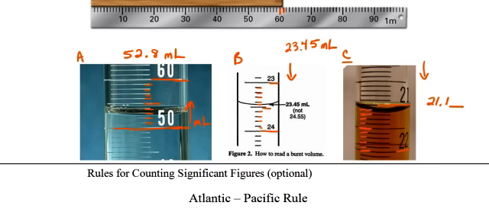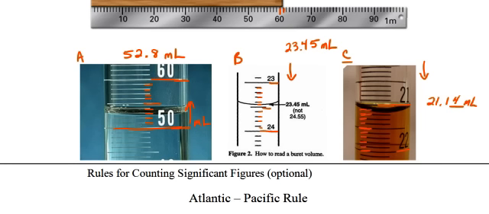And if you look, the bottom of this meniscus, to me, appears to be slightly less than halfway between these two as you're reading downward. Now somebody might say they think it's right on the halfway point, in which case you would call it 21.15. I think it's slightly less than that, so I'm going to call this 21.14 milliliters. Again, that's where that last digit is estimated, and that's where some error comes into play.